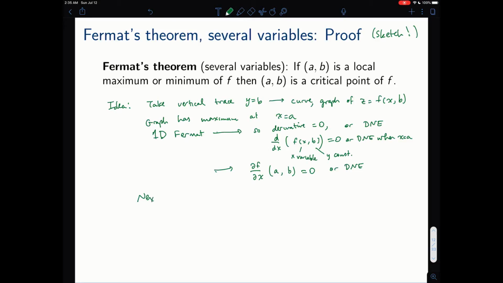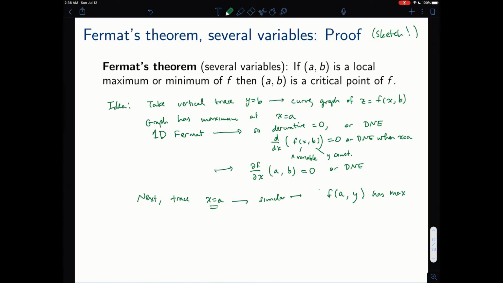Next, we can take the other trace. We just did y equals b. Now I'm going to take the trace x equals a and run through similar steps. We're looking at the function where x equals a and y is a variable, and that has a maximum.